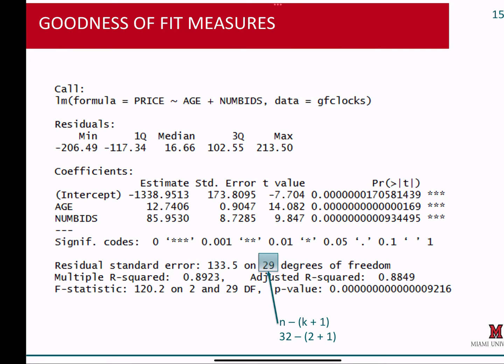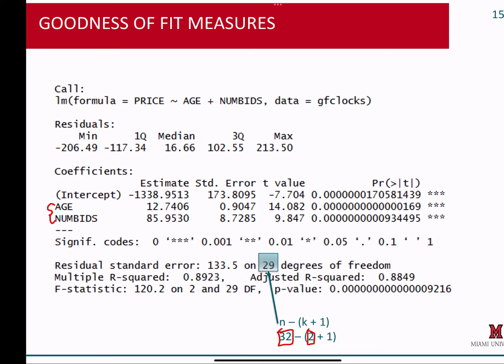The degrees of freedom on the RMSE value is called the error degrees of freedom. Those degrees of freedom can be obtained by using n, the number of observations, minus k, the predictors, plus 1. The 1 comes from the y-intercept. Because we have 2 predictors plus the y-intercept, we are estimating 3 parameters.